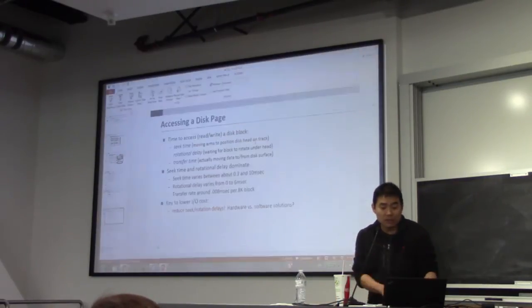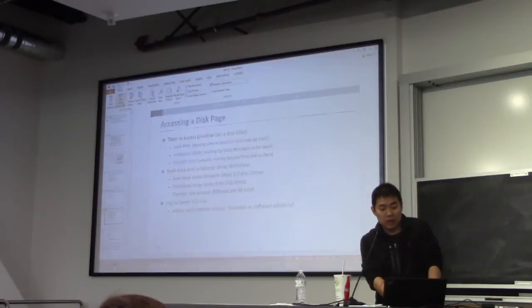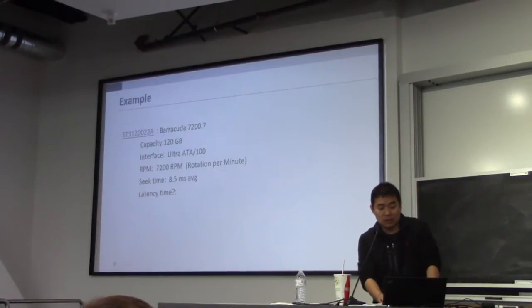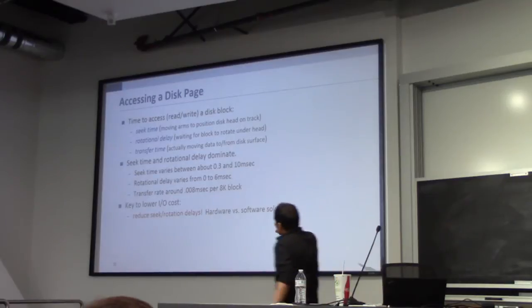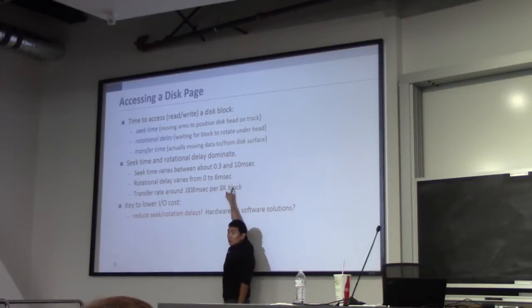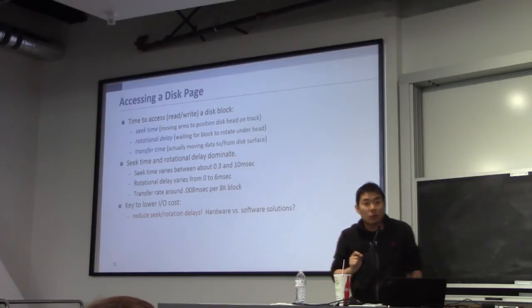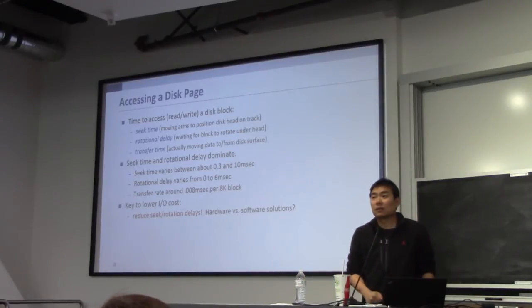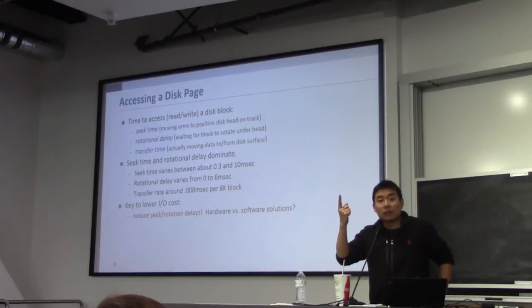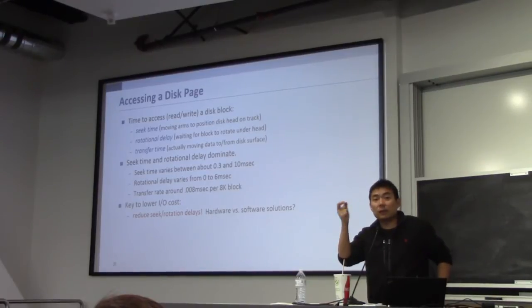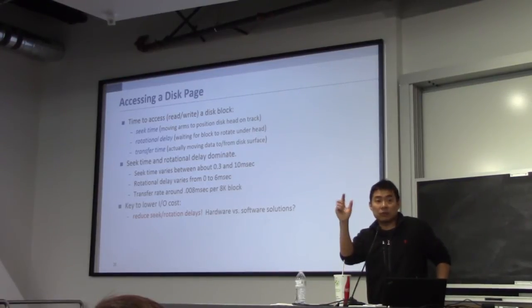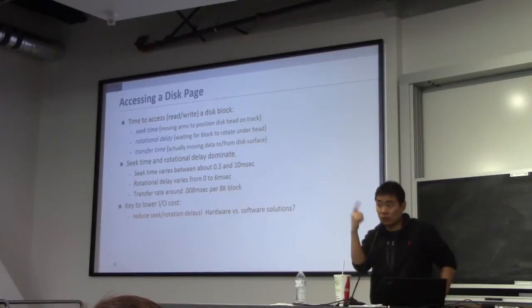Now, with today's lecture, I hope you realize this is essentially the rotation delay. That number tells you the rotation delay of that hard drive. Why is that? What's the rotation delay? I just said, typically we use the average case, which is half a rotation, the time it takes to do half a rotation, right?